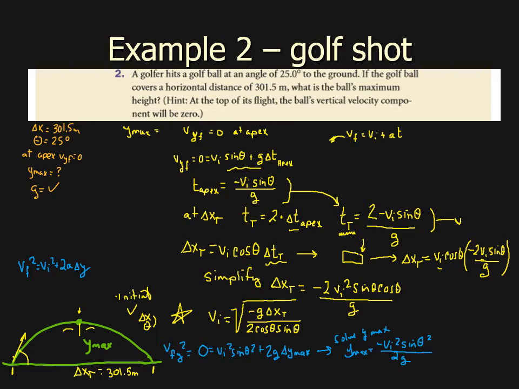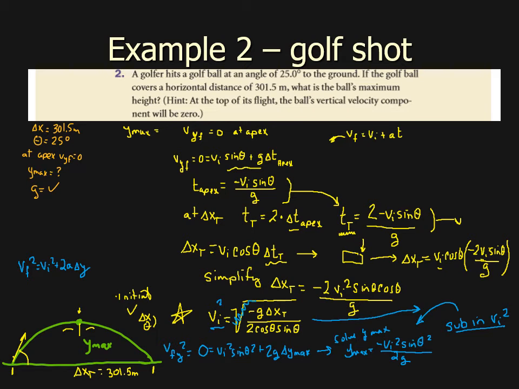Okay, now I am running out of room quick, but I do have one final substitution, and this is to substitute in vi squared into this equation. Where did vi squared come from? Right here. This was solving for vi, but if you square it, then you just get rid of the square root, and then we have a substitution.